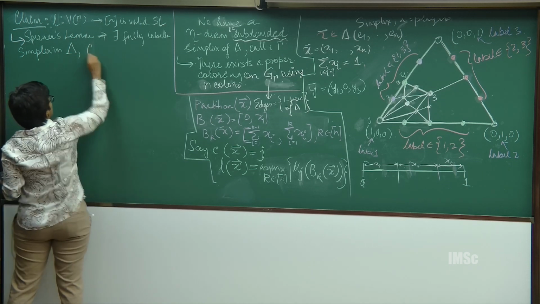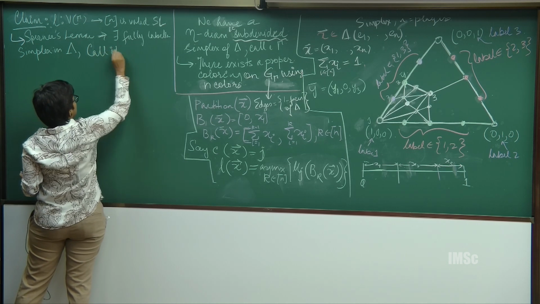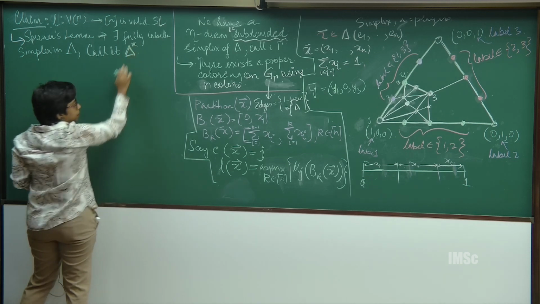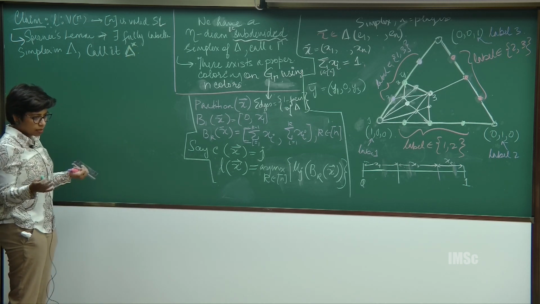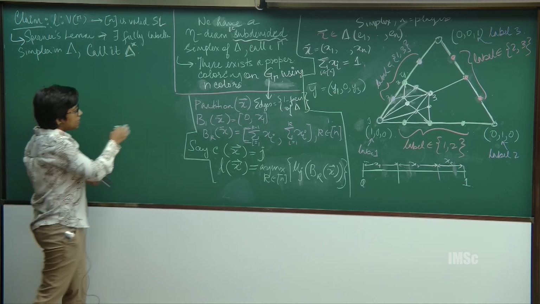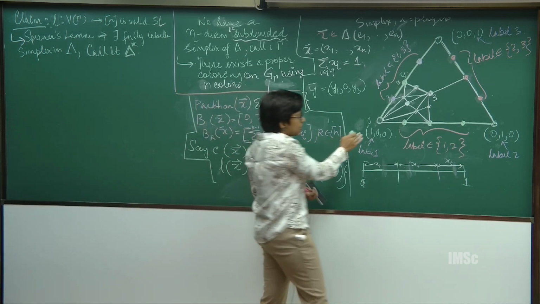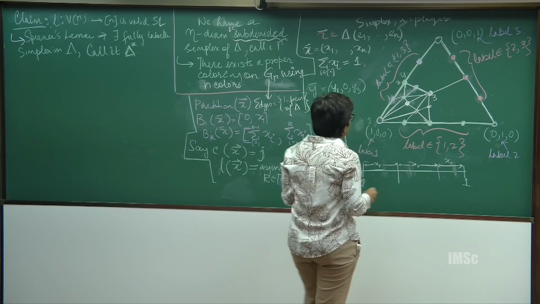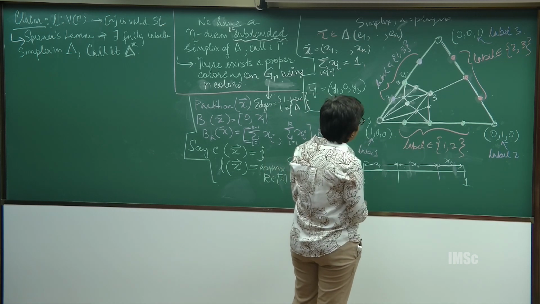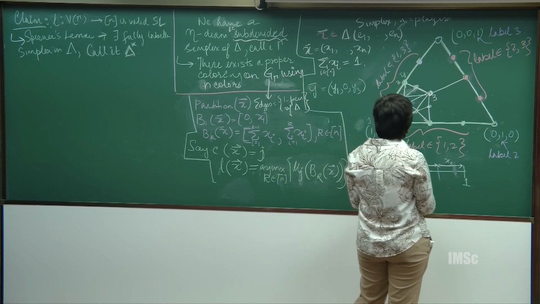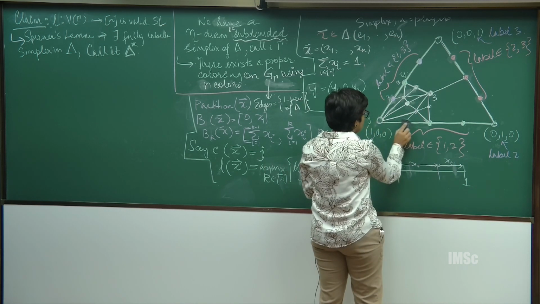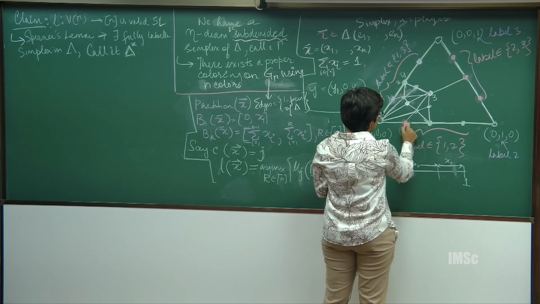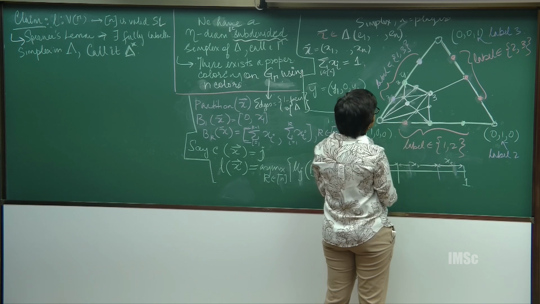Call it a smaller delta star. It means there is a tricolored triangle. When my simplex is a triangle, it means there is a tricolored triangle. Let me just color this pink, so that I can see all the 3 colors represented here.